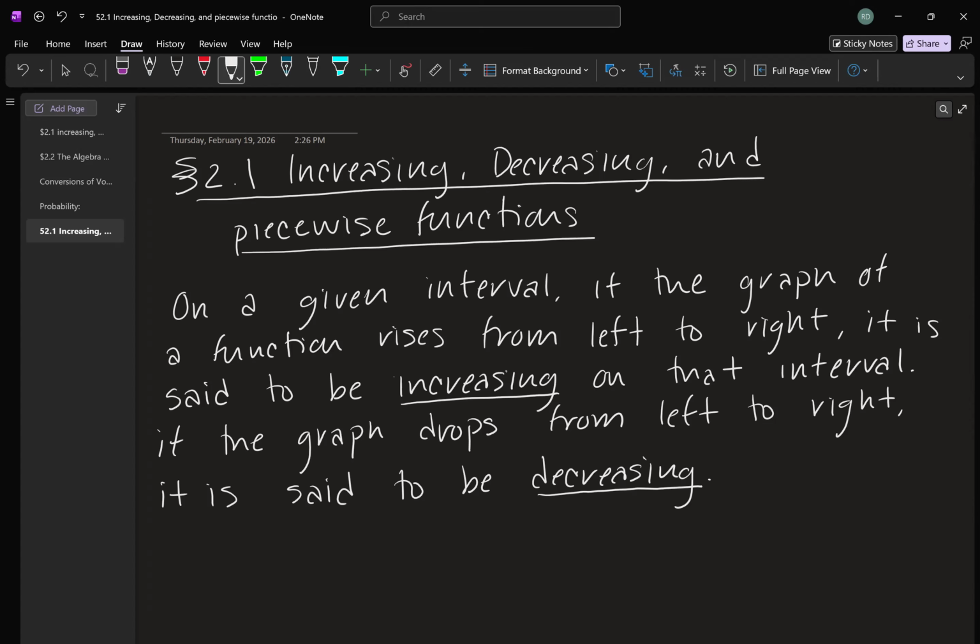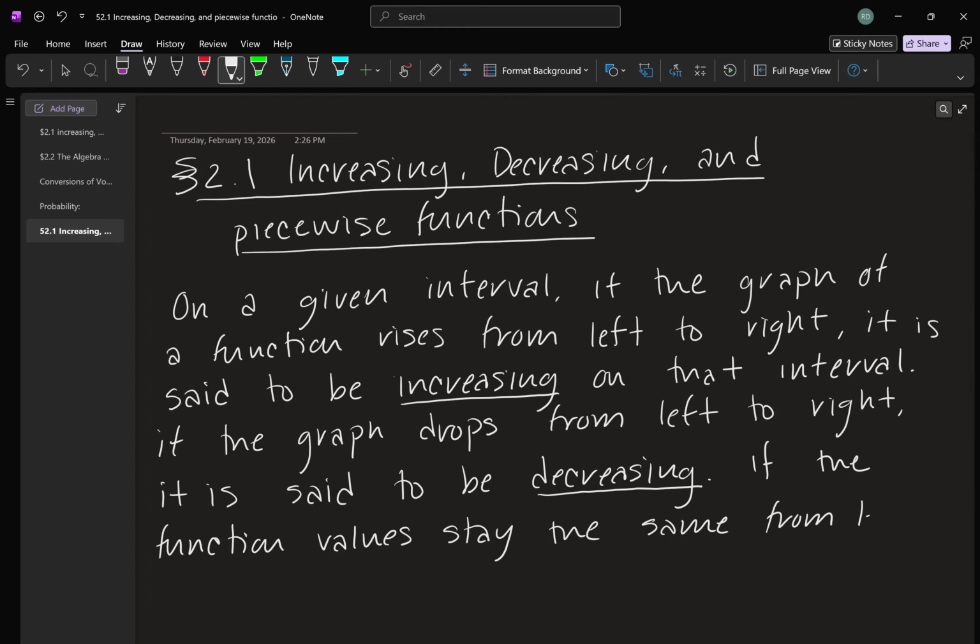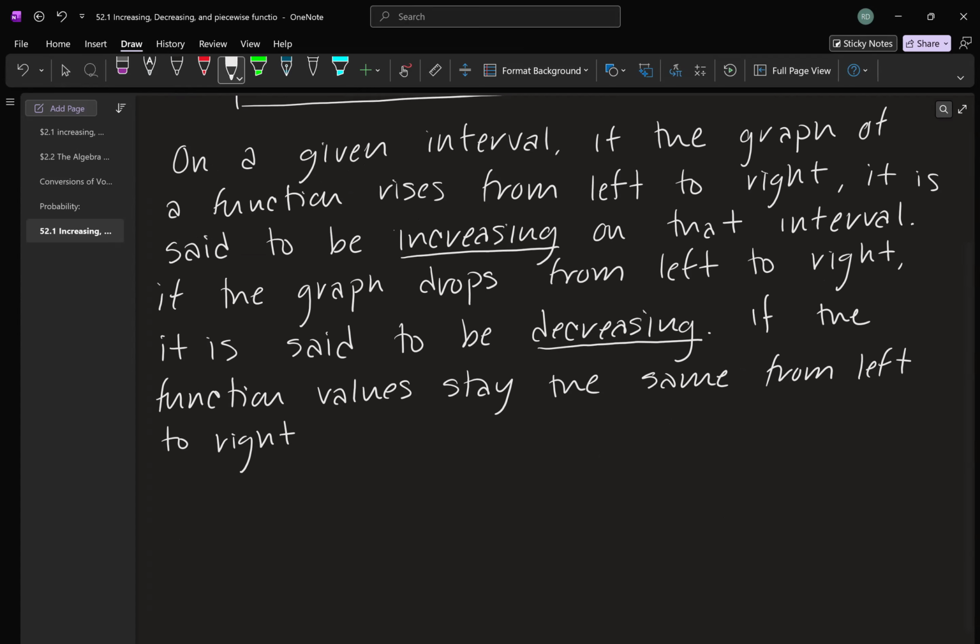If the function values stay the same from left to right, the function is said to be constant.